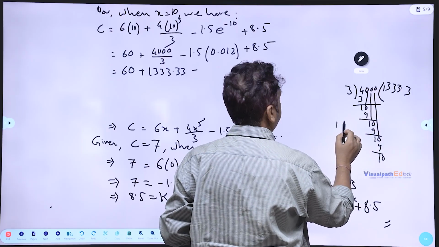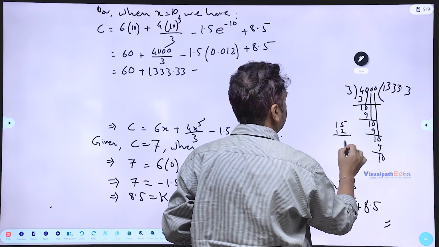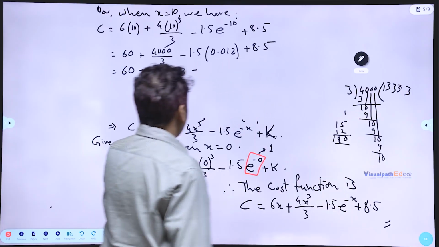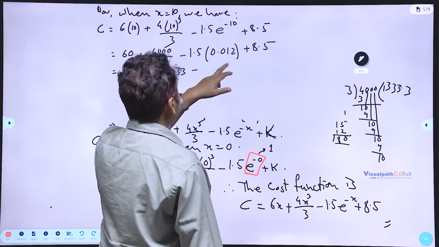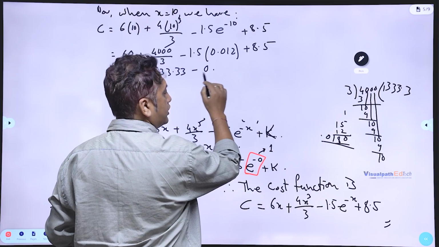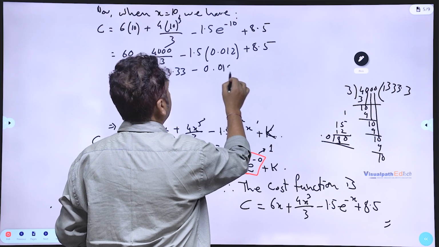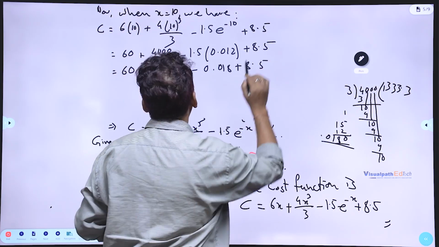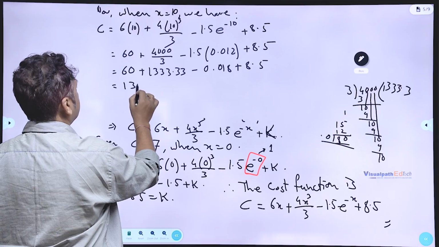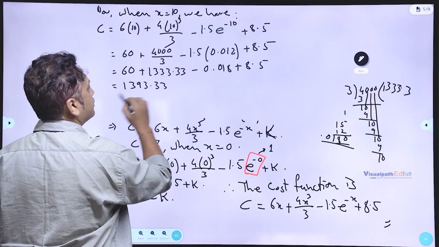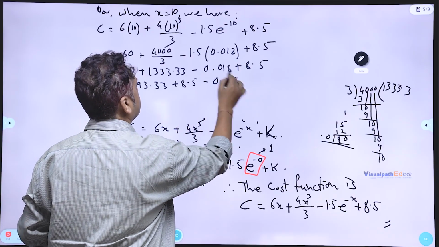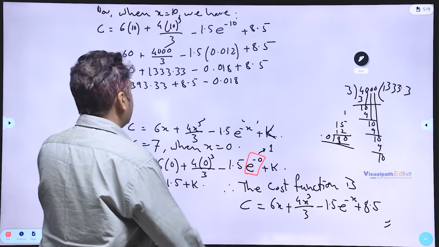So we'll get 0.018, and this is 8.5. So let's calculate. This two will give you 1393.33, plus 8.5 minus 0.018.